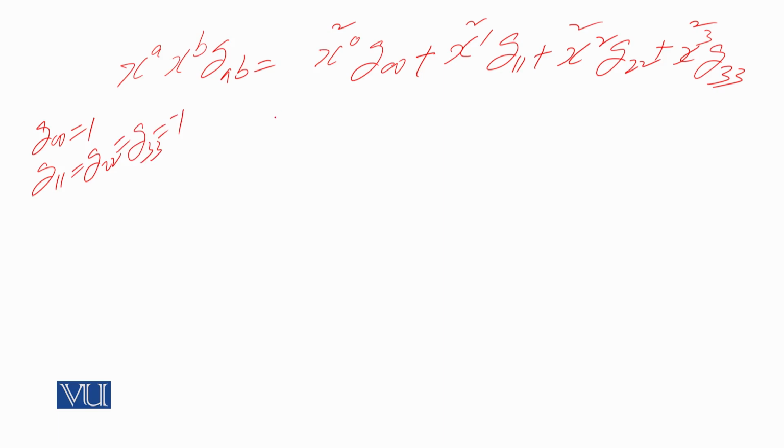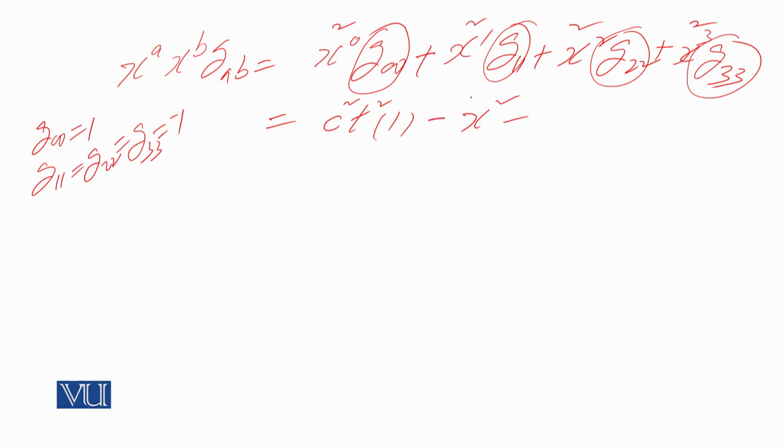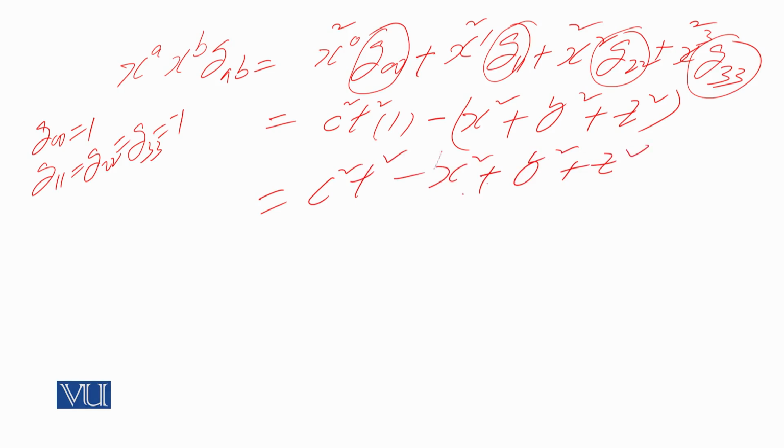So we have 1, -1, -1, -1, and here x0 is ct. So here c square t square with 1, and here -1, -1, this is x square, y square, z square. So finally we can write c square t square minus x square plus y square plus z square. So this is the magnitude of the 4-vector. This is how to calculate the magnitude of a 4-vector.